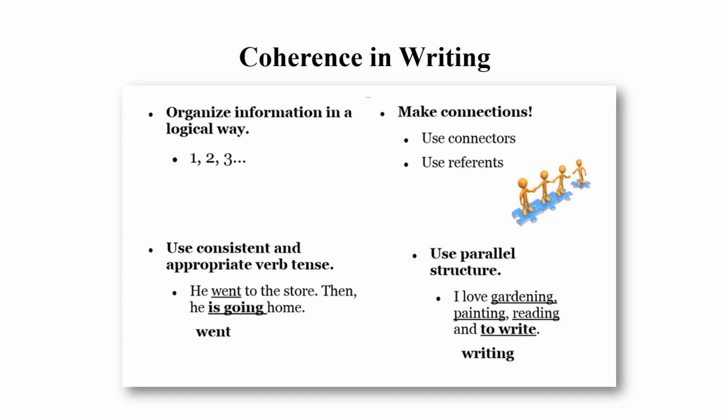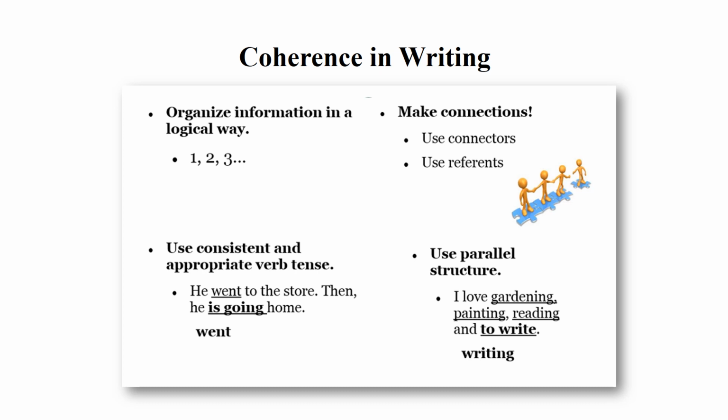You'll want to also be consistent and appropriate in your verb tense in order to achieve coherence in your writing. He went to the store, then he went home. You see, very important to monitor your verb tenses.